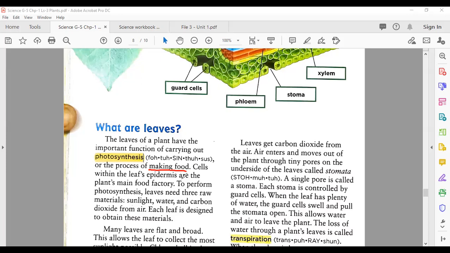Plants are alive, they grow, and they reproduce new plants, so they are living things. Living things also need food for their life, and plants make their own food through a special process.